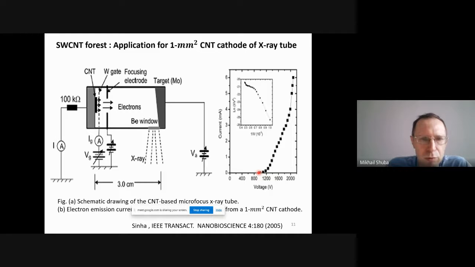And here is presented a 1 millimeter square carbon nanotube based cathode for an X-ray tube, which is only 3 centimeters in length.